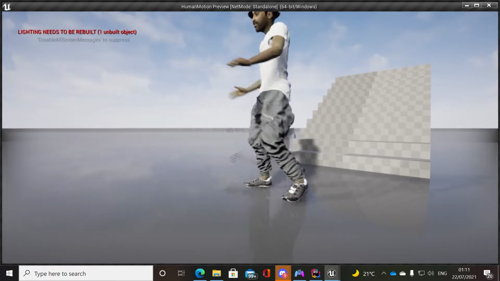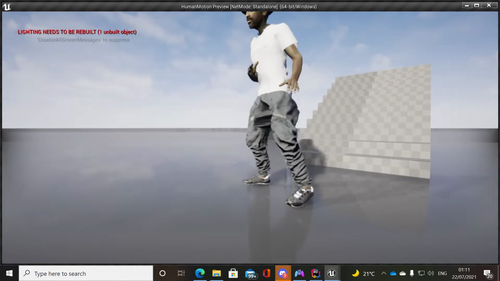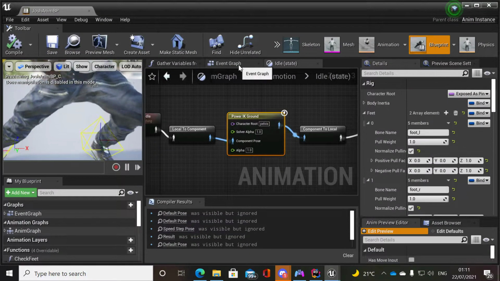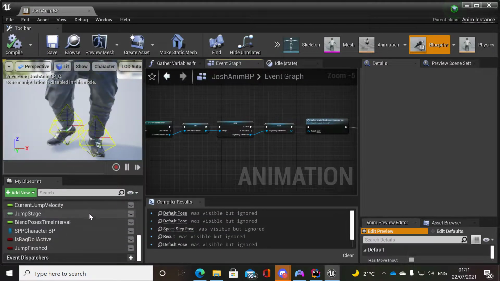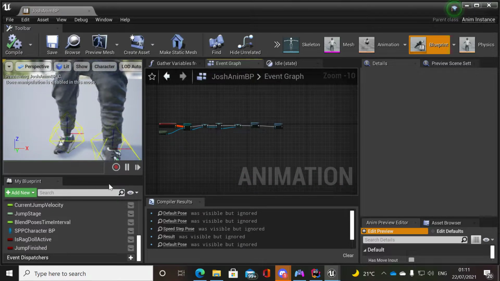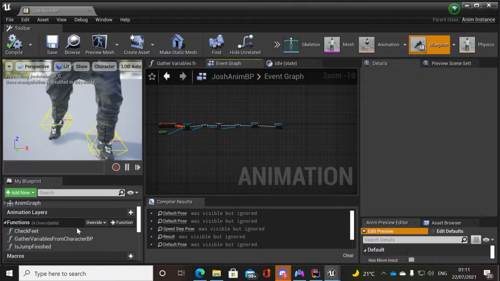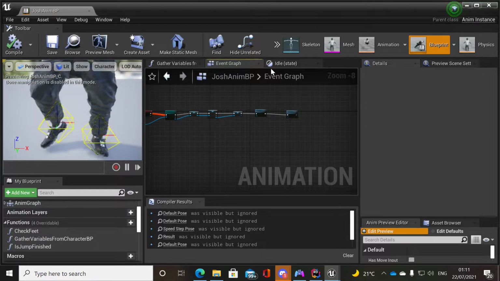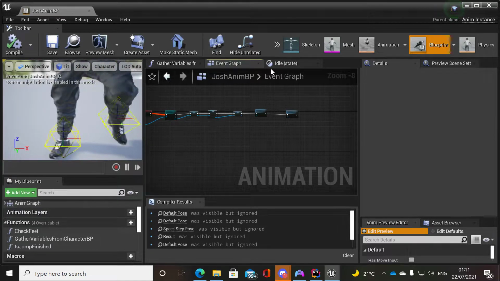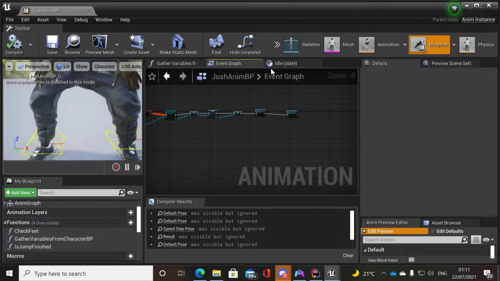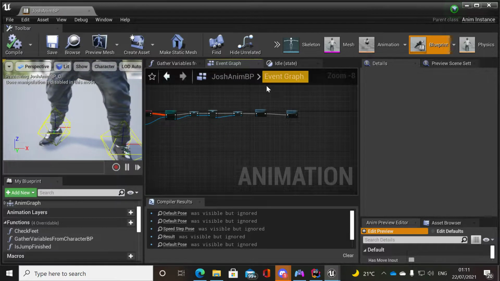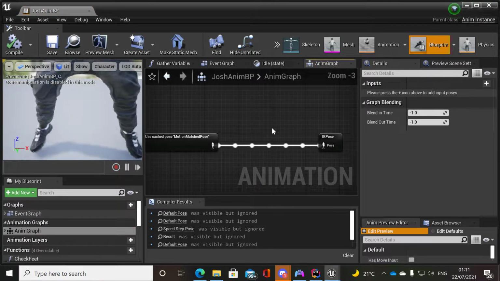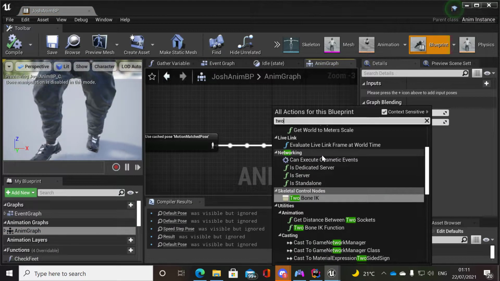You know we had our IK node, and we had the alpha value, and then we created a bool instead that would determine the alpha value for the two bone IK.